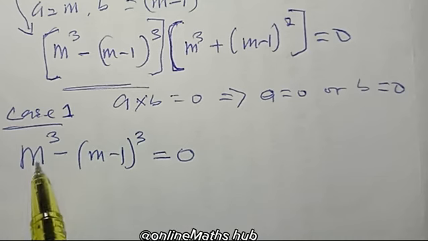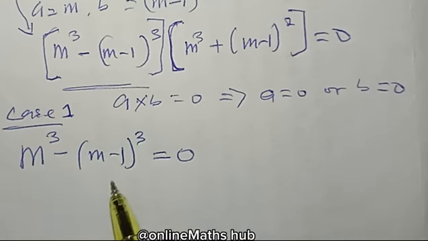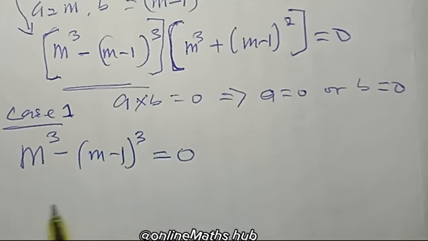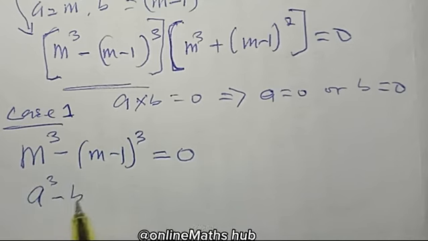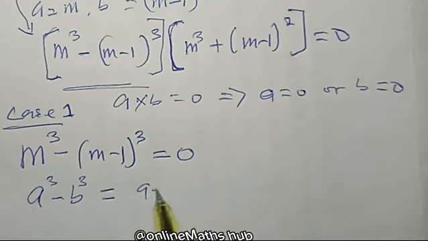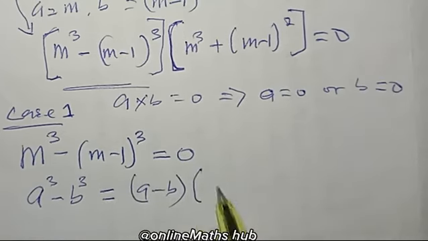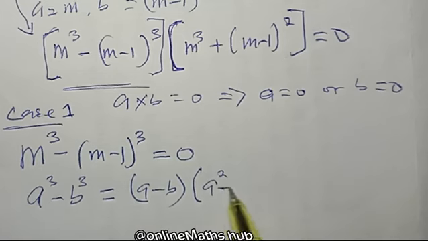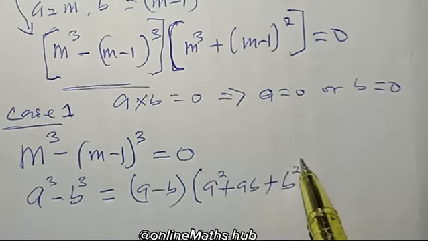Clearly you also see that what we have here is a difference of two cubes, and you can remember that a power 3 minus b power 3, if you expand this, is going to give you (a minus b) multiplied by (a squared plus ab plus b squared).